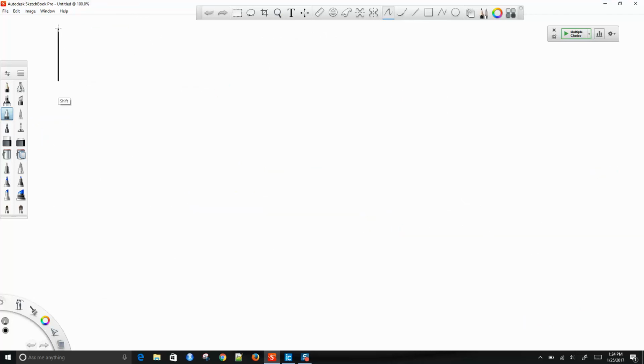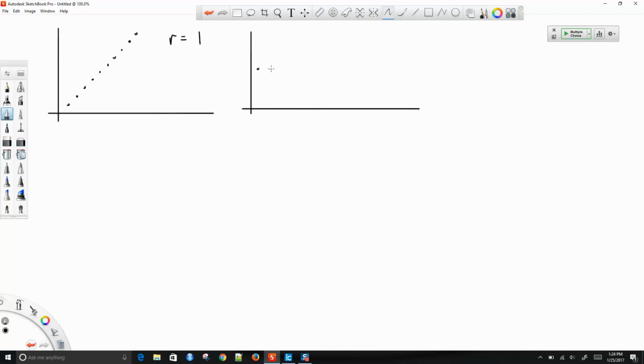Okay, let's try a little something here. We said here R is 1, and here we have R is 0. Right here I have R equal to what? -1.